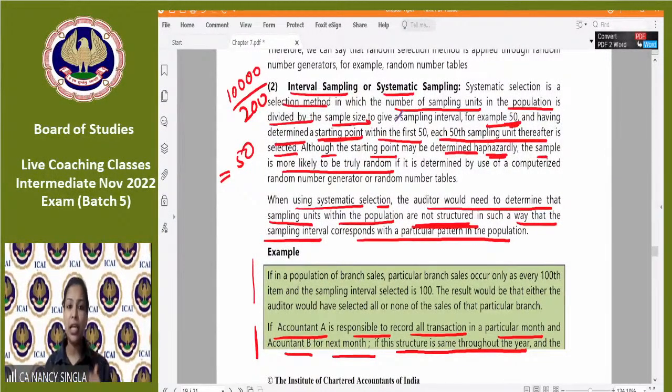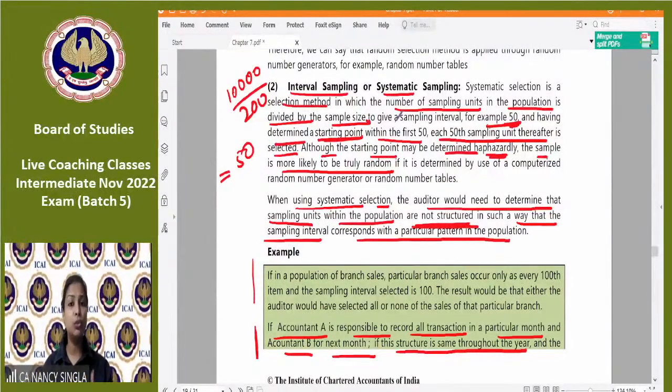ठीक है. Interval systematic sampling में क्या है? You will determine the sampling interval by dividing the entire population by what? The number size of sample that you need. ठीक है. Then auditor will determine the starting point, and thereafter every 50th item will become the sample.